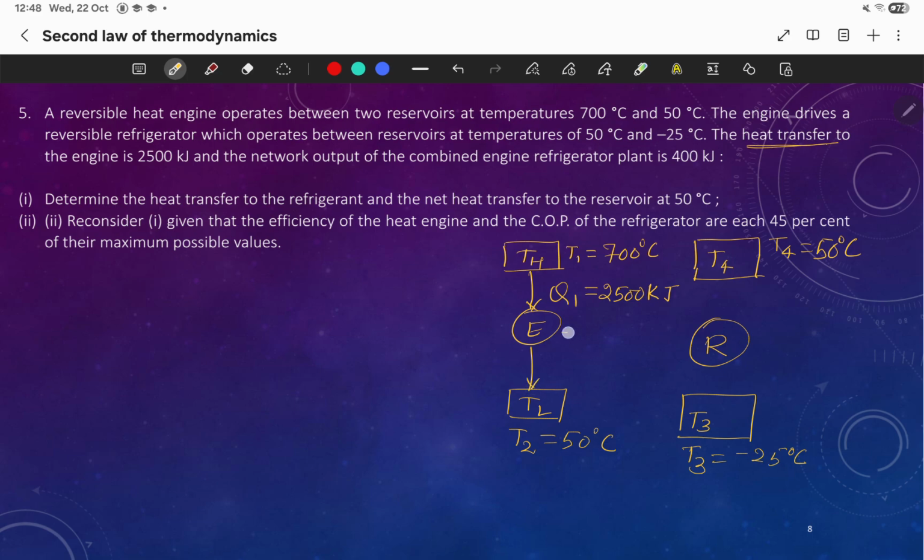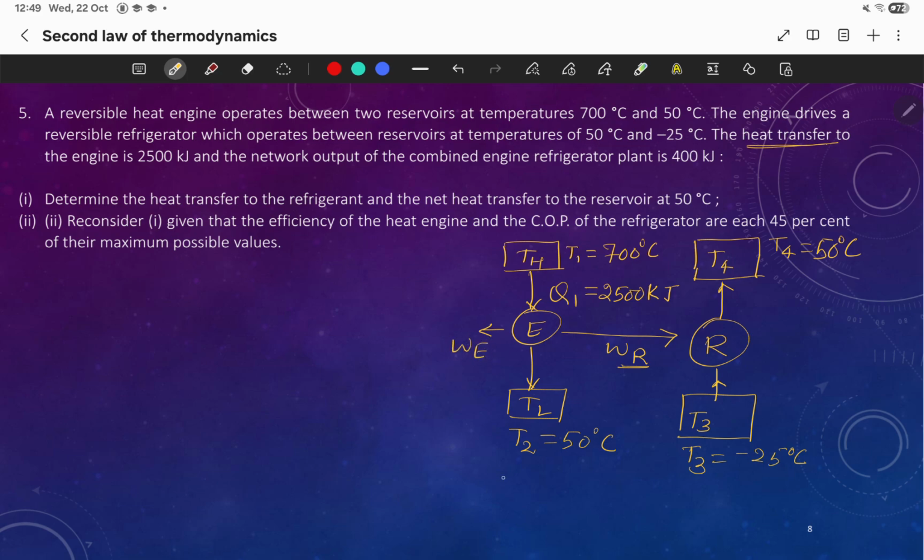So guys, what is going to happen is like this. Some work will come from the engine to the refrigerator. I am writing it like this. This is the work done on the refrigerator cycle, WR.